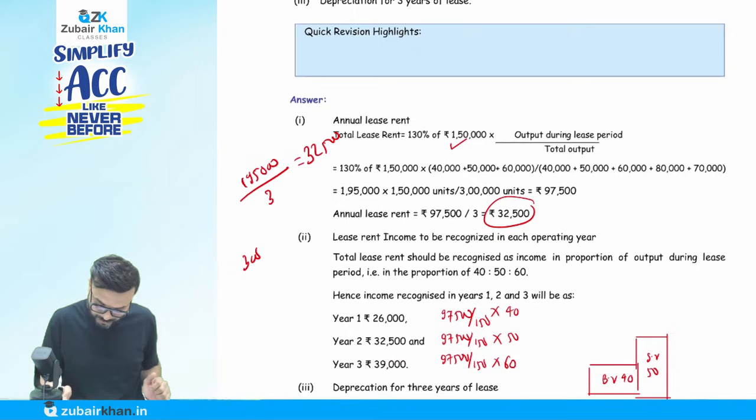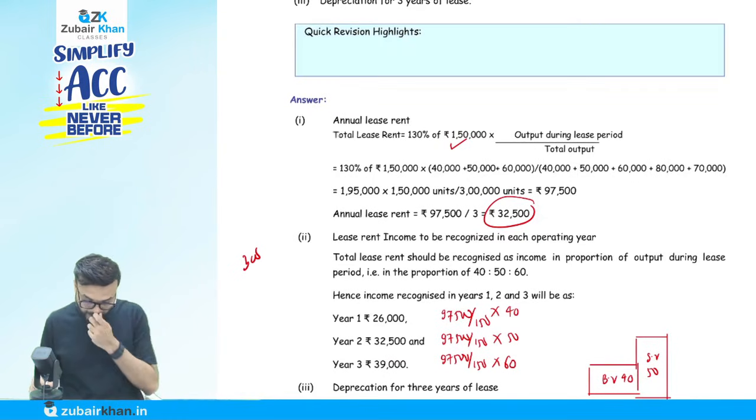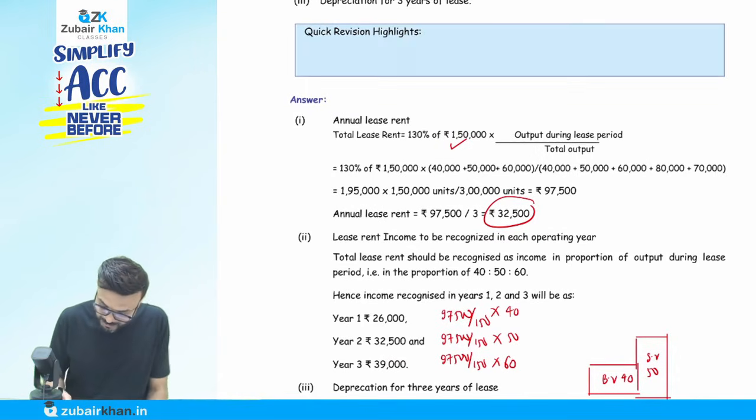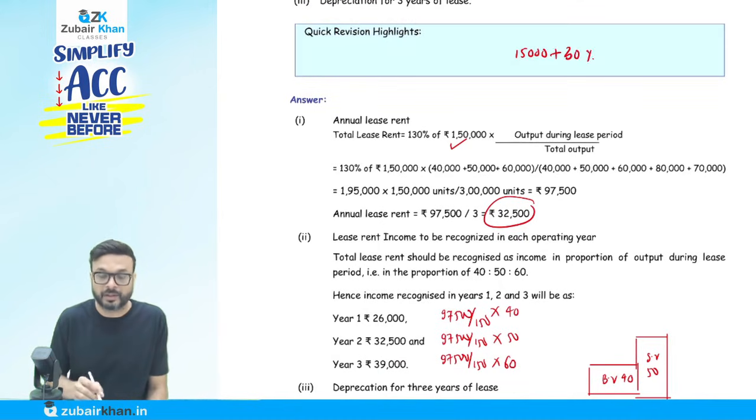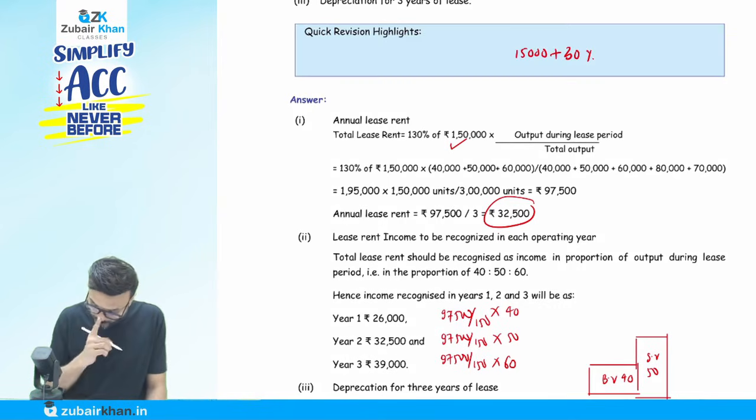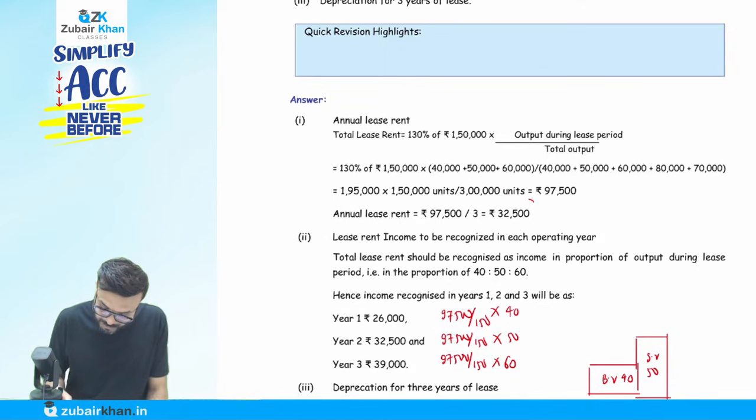I think we have made some mistake here. Let me calculate again: 1,50,000 plus 30%. Now let us go to the formula.